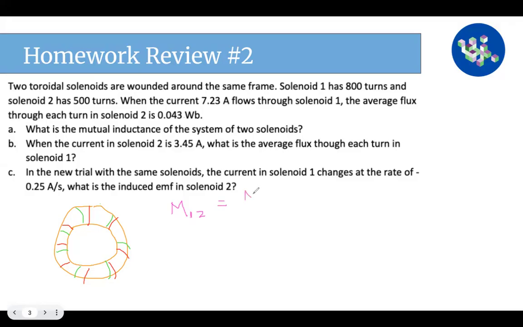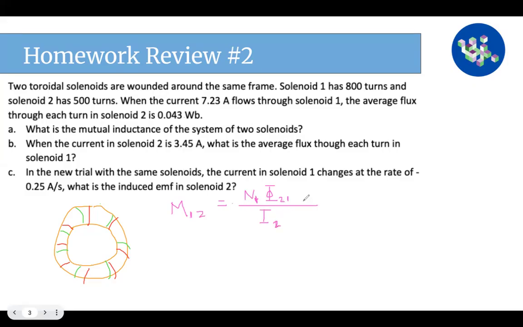That'll be the number of turns through solenoid one times the flux due to solenoid two on solenoid one, divided by the current through solenoid two, because we're looking at the effect that two has on one.